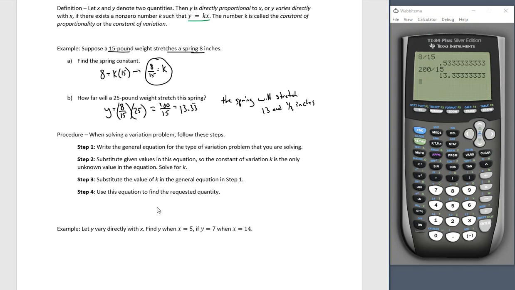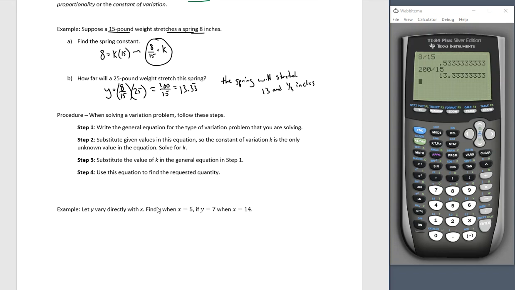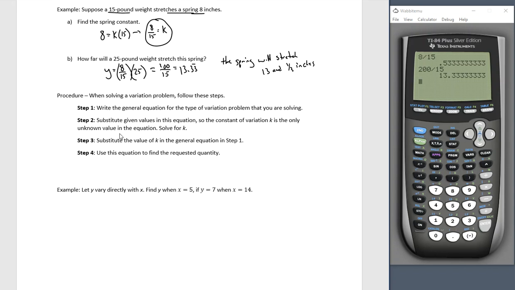What are we going to do when we're looking at variation problems? When solving a variation problem, I'm going to follow the steps. We write the general equation for the type of variation problem you're solving, and we're only going to work with direct variation in this video. We substitute the given values in the equation, so the constant of variation k is the only unknown value, and solve for k.